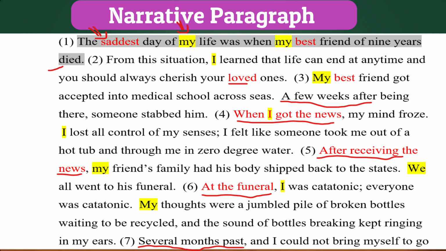A few weeks after being there, here a transitional phrase, someone stabbed him. And also the other sentence, which is a supporting one: when I got the news, when I was informed. So here it is a transition too.